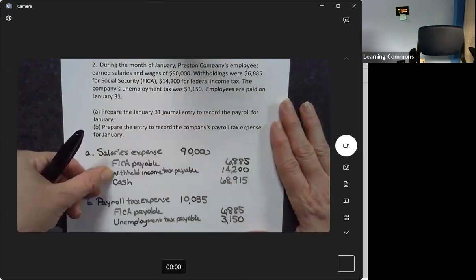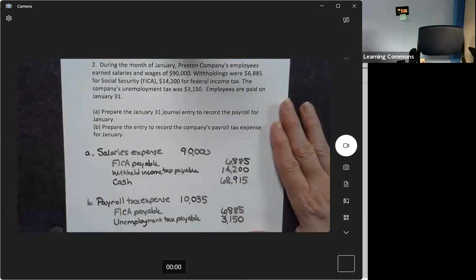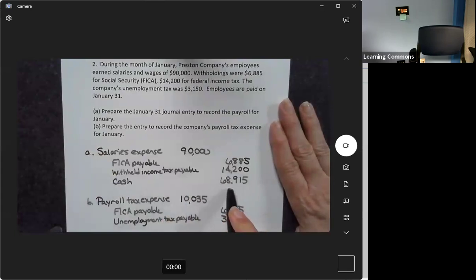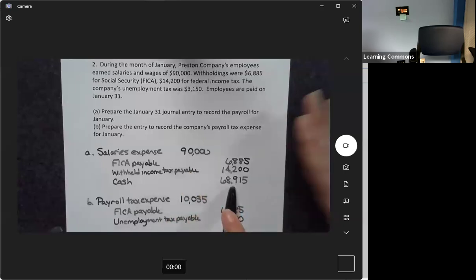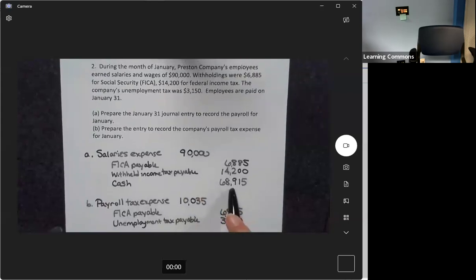Again, it's not the company's money. They're not saying, hey, we told you we pay you $90,000, but we're actually going to only pay you $68,915. No, they paid you the whole thing. They just sent it to multiple different places instead of it all going straight to you. The net pay on your paycheck is the total salary minus those tax withholdings.